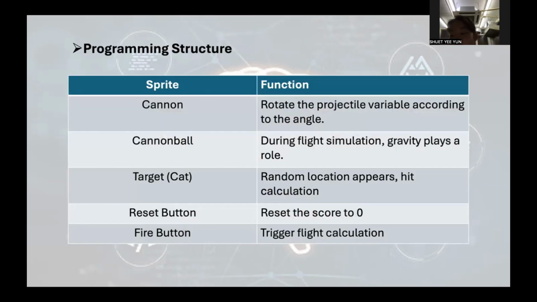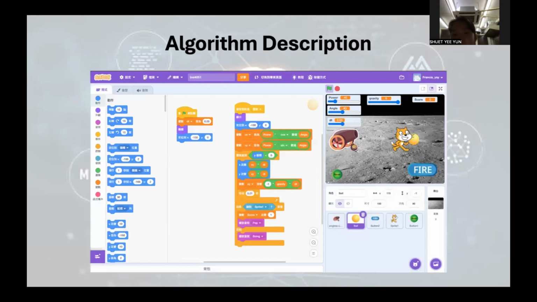Here is how the program works step by step. When the program starts, it sets up all variables. The user changes the angle and power, and then the fire button is pushed. The program finds the starting speed parts. Then it starts a fire loop.